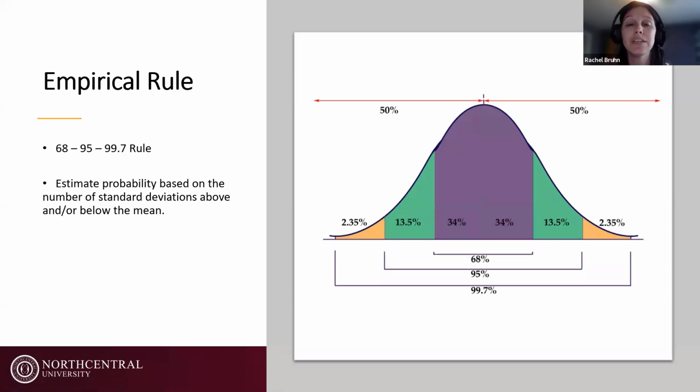So I'm 2 standard deviations from the mean, and I now am including 95% of the people on this distribution. And we could do it one more time and go out 3 standard deviations above and below, and we now encompass 99.7% of people.